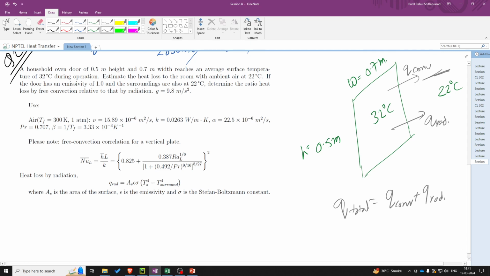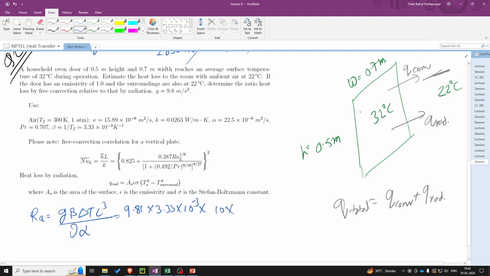So in order to solve, let's first calculate the Rayleigh number. Rayleigh number is given by g beta delta T L cube upon mu alpha. Let's put all those values. It will be 9.81, and beta is 3.33 into 10 raised to minus 3. Then delta T will become 32 minus 22, that is 10.